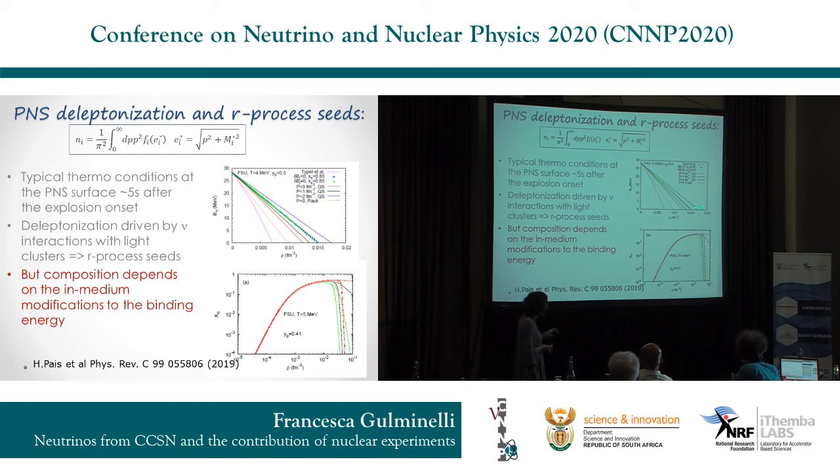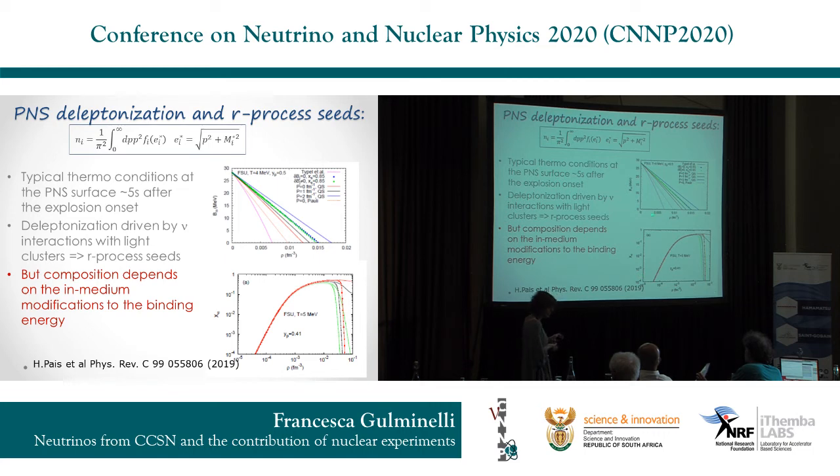And so at that point, there are models. There are different models that predict different modifications of the binding energy of the light clusters in the medium. If you consider these different models, you can see how they affect the abundances of the light clusters as a function of the temperature and the density.